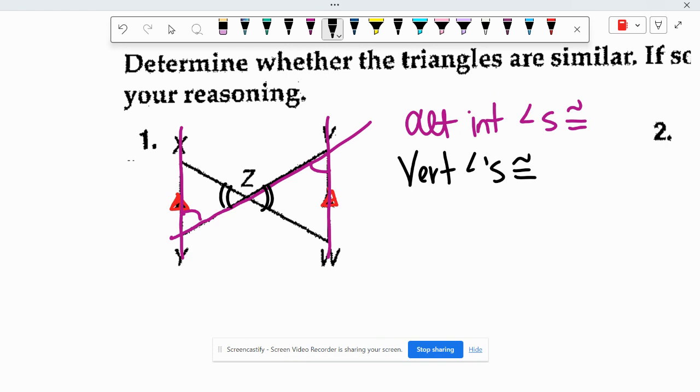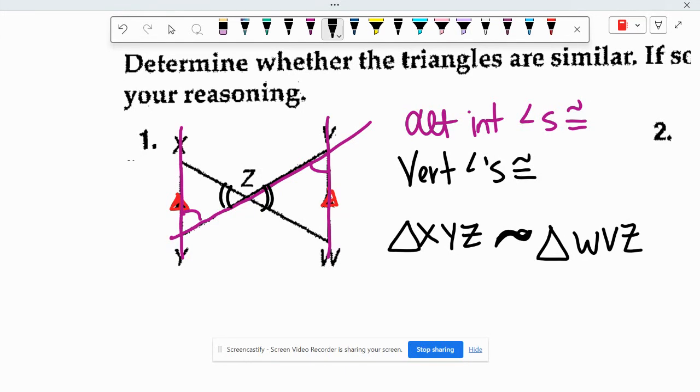So I can say that triangle XYZ is similar, and the similar symbol is just this little squiggle, to triangle WVZ by angle similarity. I can say that they're similar by angle similarity.